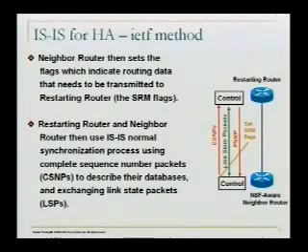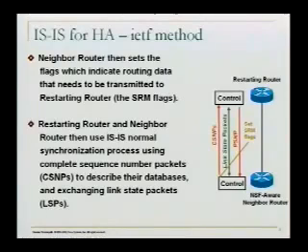The neighbor router realizes there is a restarting router, so it sets its SRM flags and sends its CSNPs, the complete sequence number packets, which are basically abbreviations of the LSPs that it has in the database.